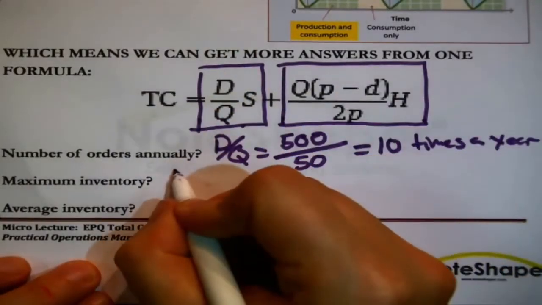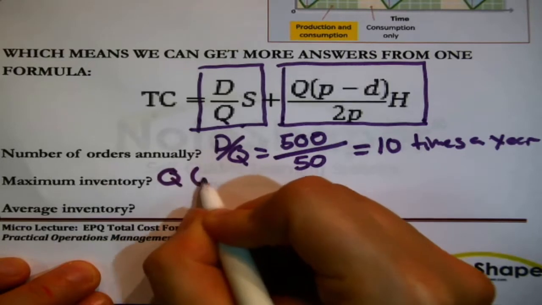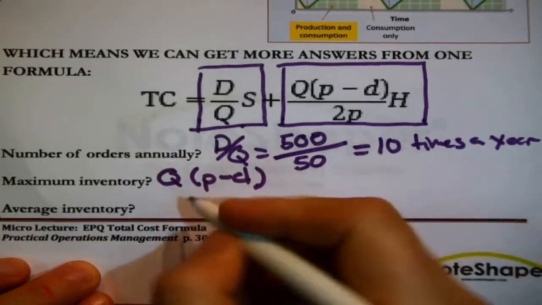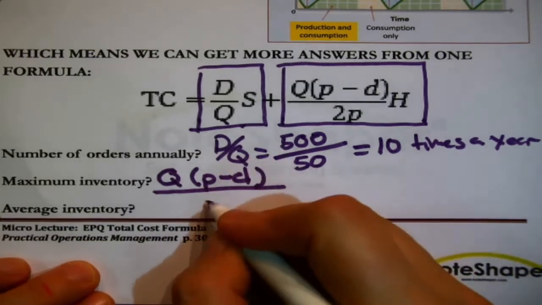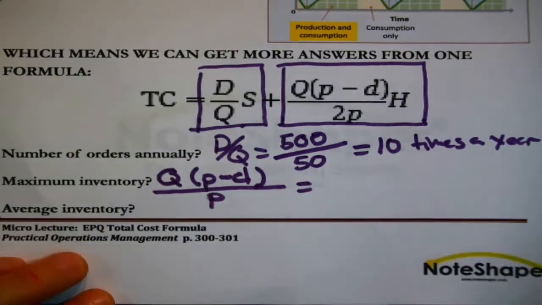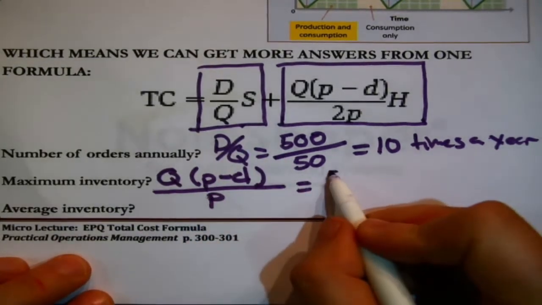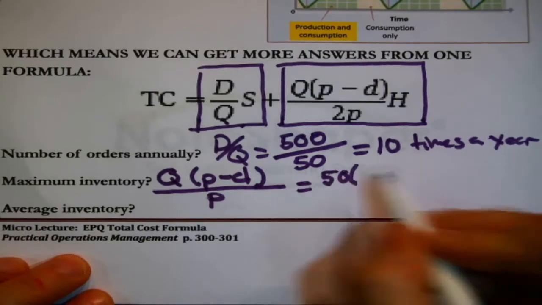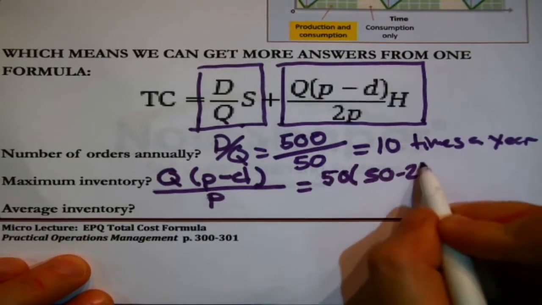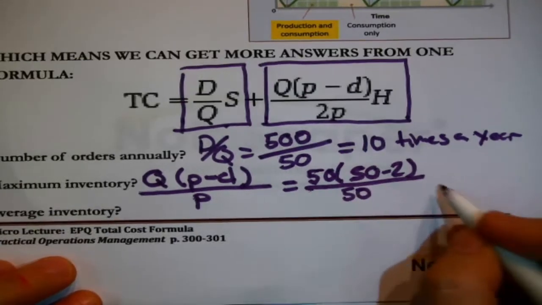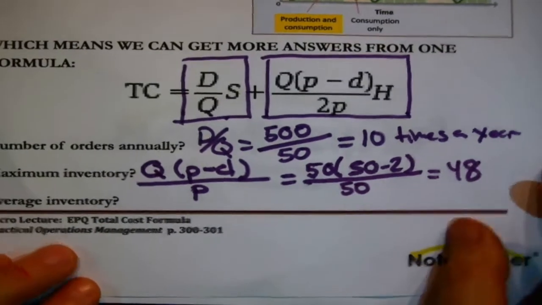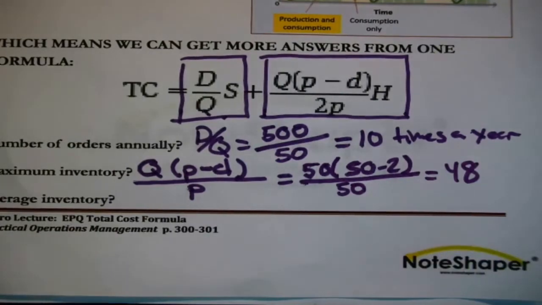First off, I can just give you the formula and you think, oh gosh, that sounds like something I'm going to have to remember. We are maxing out at Q times (P minus D) over P. So first off, fill that out. That is 50 times (50 minus 2) over 50. So I get 48.